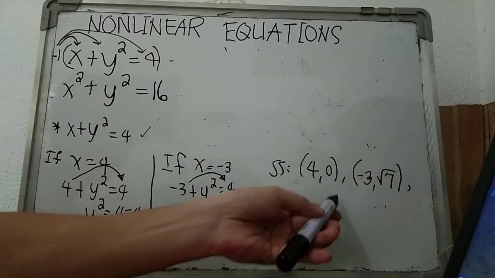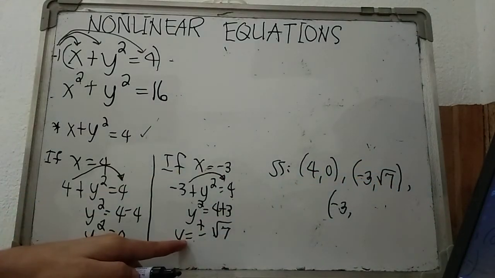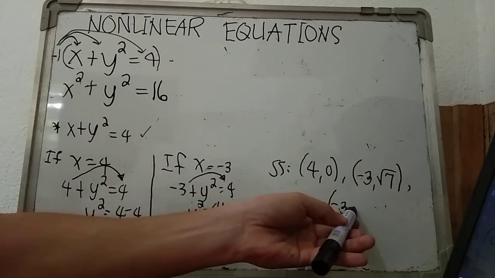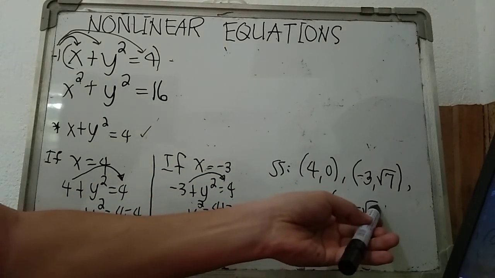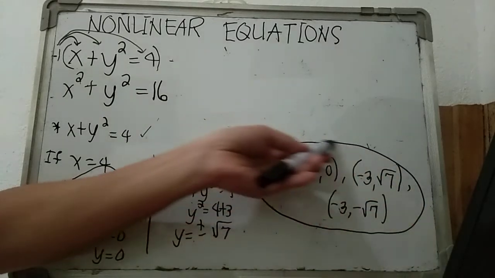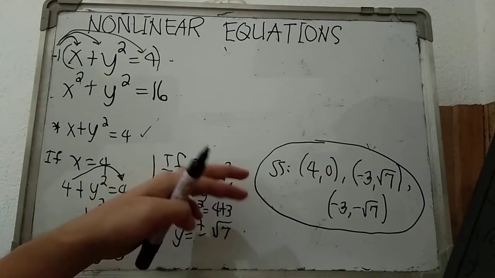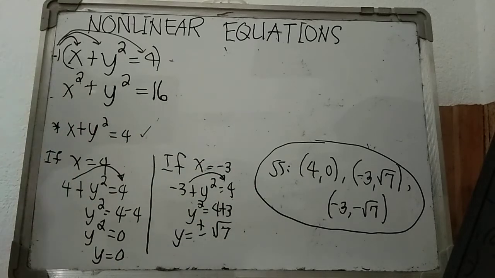And we have the last: if our x is negative 3, then our y this time will be negative square root of 7. And these are now our solution set. What do we mean by solution set? These are the points that are the intersections of the graph of the two equations. Thank you for watching.